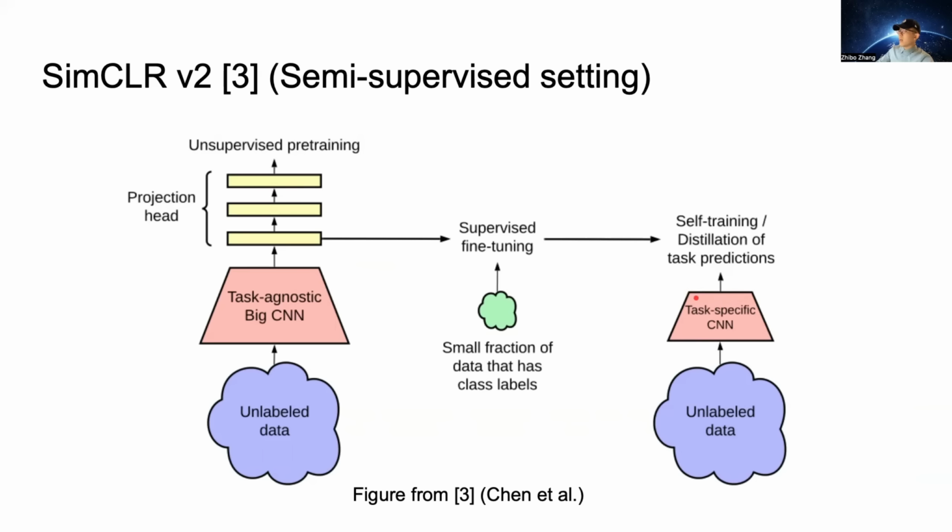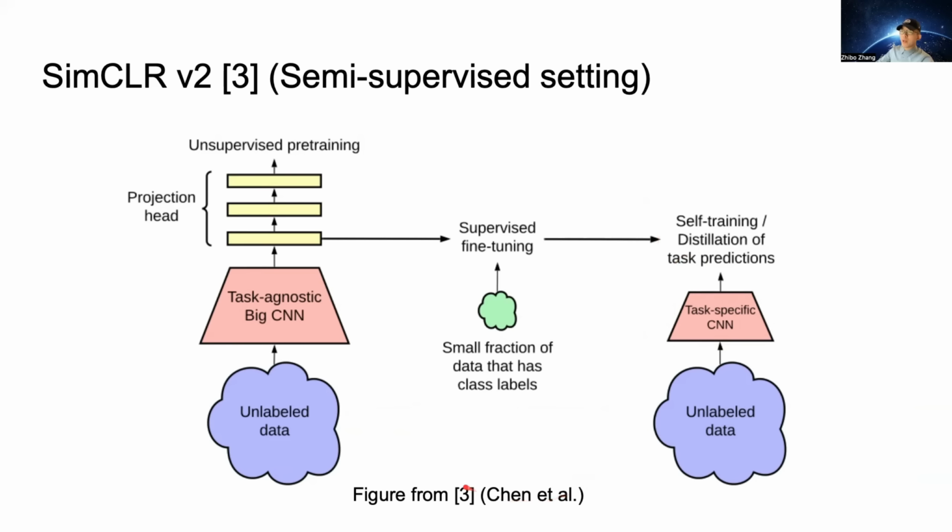So they ask the student network to mimic the behavior or the prediction of the teacher network. For example, on a certain image that contains a dog, if the teacher network is telling you that this image should be classified as a dog image, then the student network is trying to match its own prediction with the one from the teacher network. And they find this distillation process is very powerful for the downstream task performance.